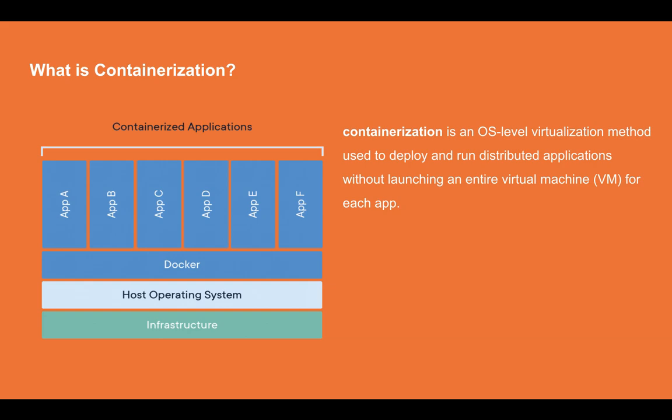On top of the host operating system we have Docker or any container engine. On top of the container engine we can have multiple sets of containers running. So containerization is an OS-level virtualization method used to deploy and run distributed applications without launching an entire virtual machine for each application.